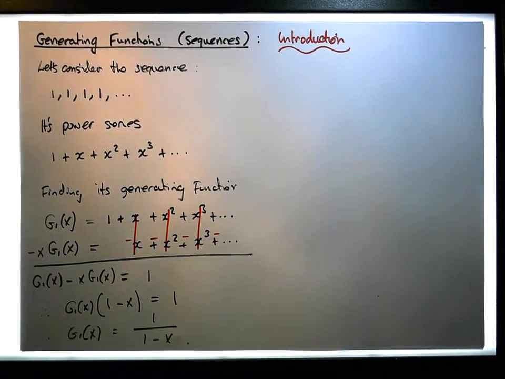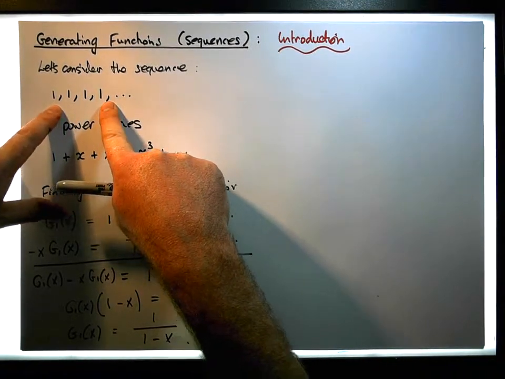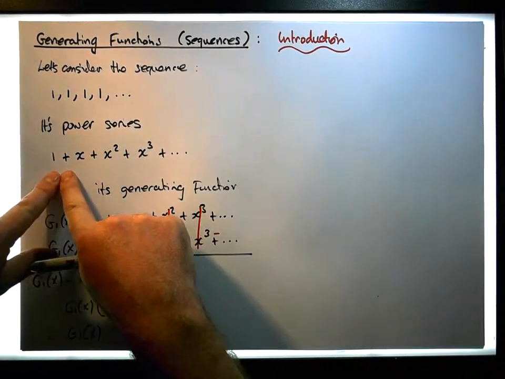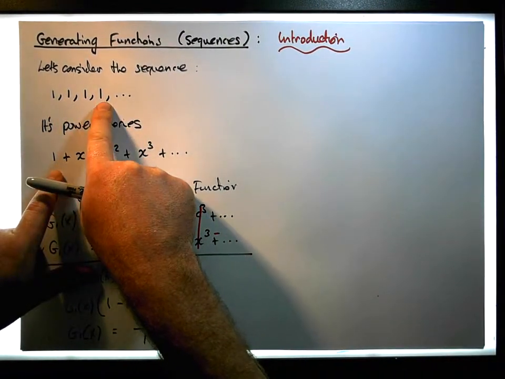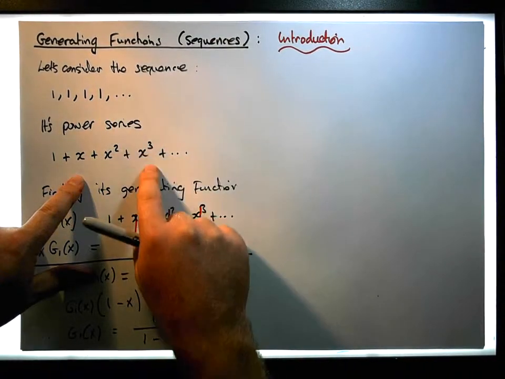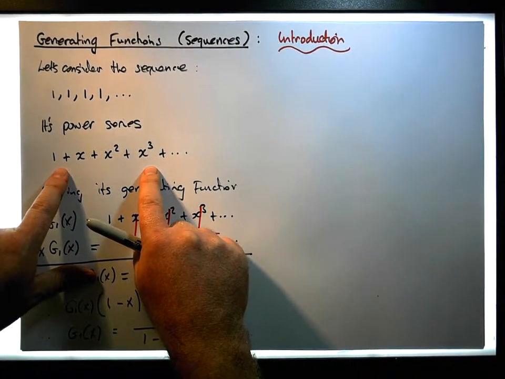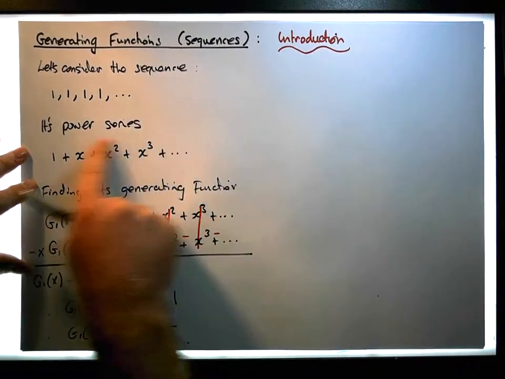But what we're doing here is taking the sequence that's presented to us and encoding it as a power series, so that each term in the sequence is simply a coefficient in this particular power series. And then in this case we want to calculate the function. In other words, we want to sum up this power series.